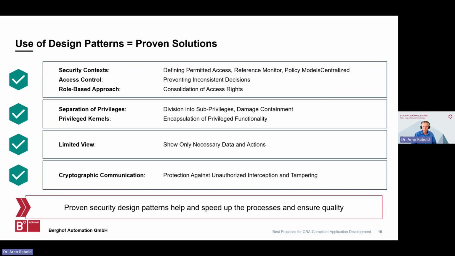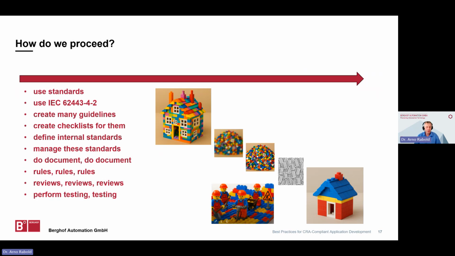Now, going back to the starting point, how do we proceed? My recommendation is to use standards, use the 62443, because it's very concrete and you can really use it. Very nice.